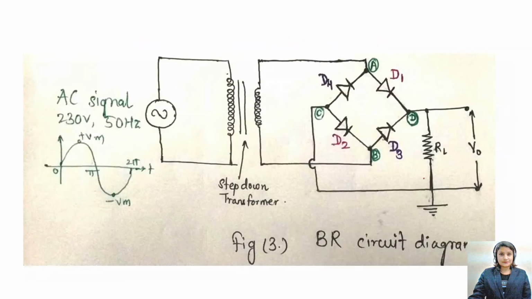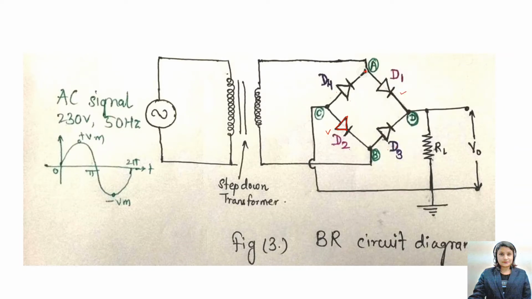You can draw such a circuit diagram in your books. You can write down the diode names as you wish, but the direction of opposite diodes must be the same. See how these diodes are kept here. And the direction of D3 and D4 must be the same. If I see this point, this is a junction or a node.